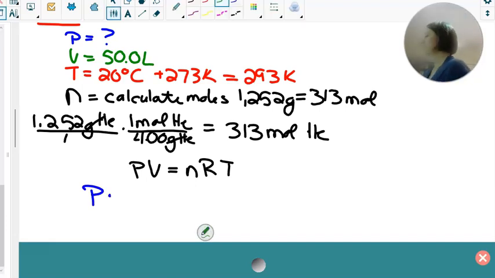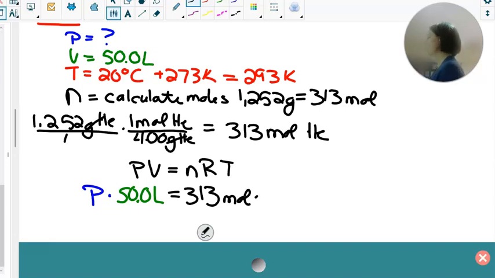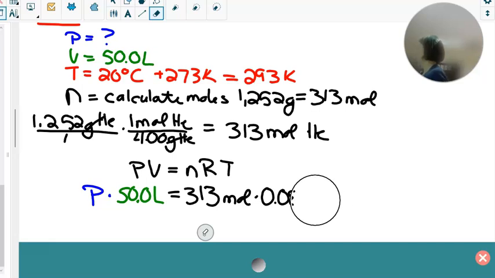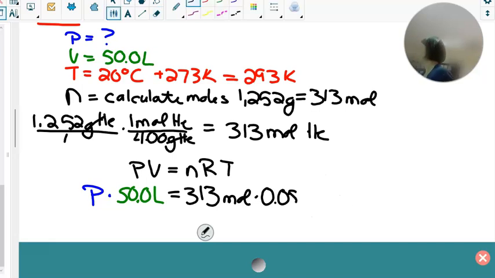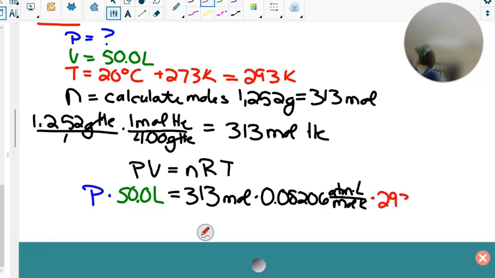Our volume is 50.0 liters, which is equal to our number of moles, which is 313 moles, times our constant, 0.08206, and that is atmosphere liters over moles Kelvin, times our temperature, which is 293 Kelvin.